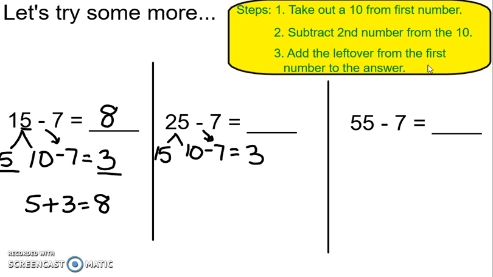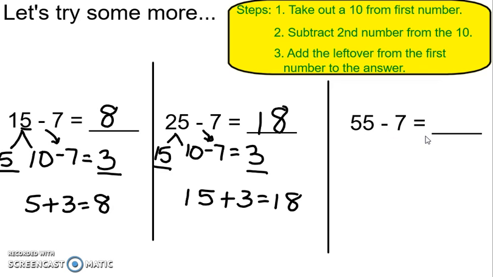Number 3, add the leftover from the first number to the answer. So I'm going to take the 15 and the 3, and I'm going to add them together. And I'm going to get 18. And my answer, 25 minus 7, is 18. We'll do one more problem together.